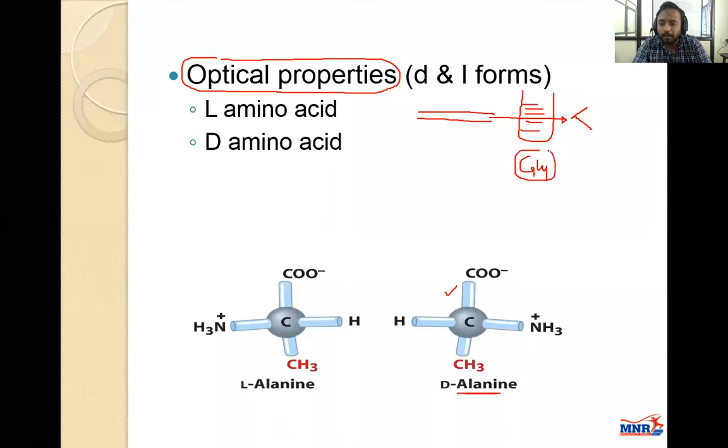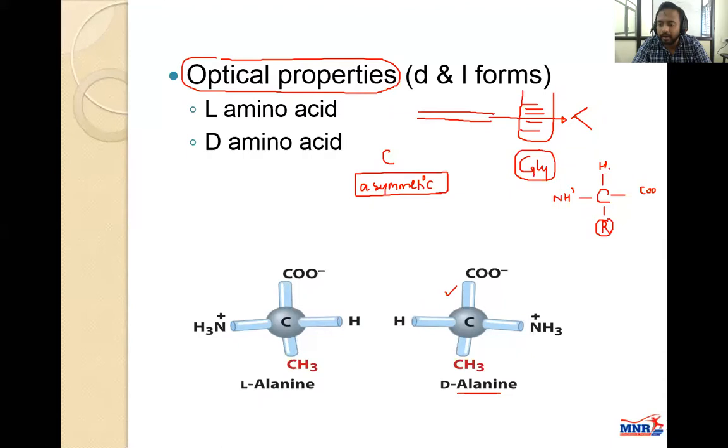Normally, it is mainly because of an asymmetric carbon atom. Okay, the optical activity of an amino acid is only specifically because of the asymmetric carbon atom. When you call it an asymmetric carbon atom, all the 4 valencies of the carbon are satisfied by different groups, like here it is the carboxy group, here it is hydrogen, here it is the amino group, and this R is other than hydrogen.